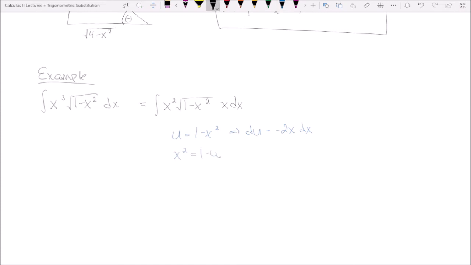Right, well, look at that. What we can now do is write the integral this way: antiderivative of 1 minus u times u to the 1/2 du, and multiply the whole thing by negative 1/2.